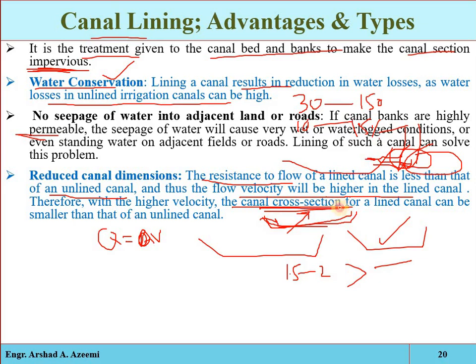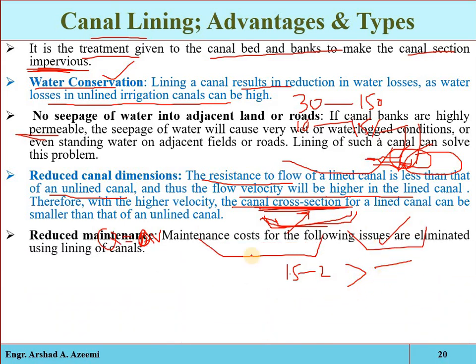If the canal cross-sectional area is reduced, then the overall construction cost will be reduced. When you line a canal, a small cross section will be able to transport the same discharge as transported by a larger section of unlined canal. So the construction cost will be reduced.